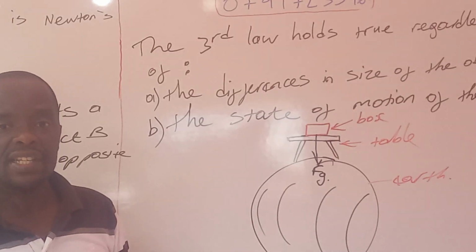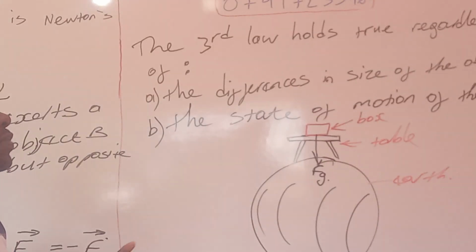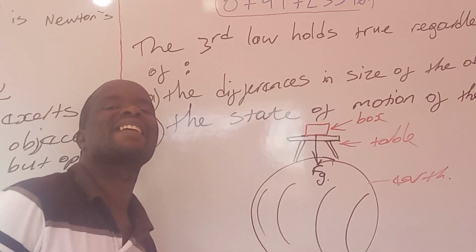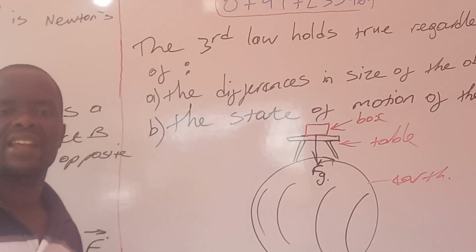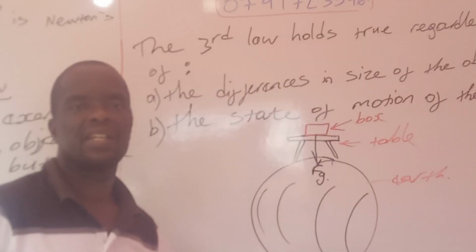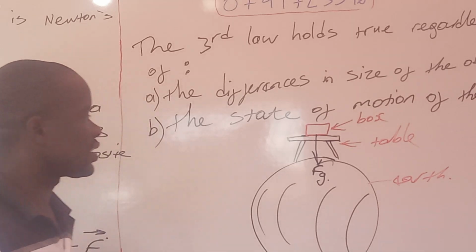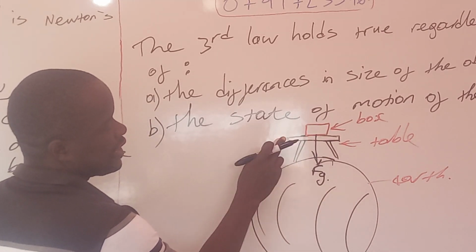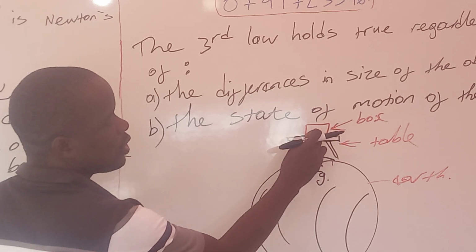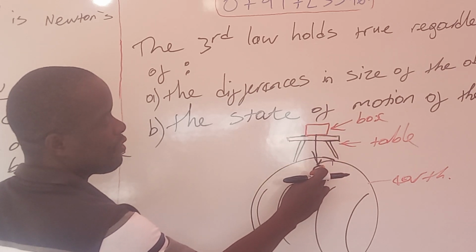Now, this is our normal force. So this means that our normal force is a reaction force. What is it reacting to? It is reacting to our force of gravity. It is balancing our force of gravity. When the box is being pulled down by the Earth, if the table was not there, the box would continue going down until it hits the surface of the Earth.